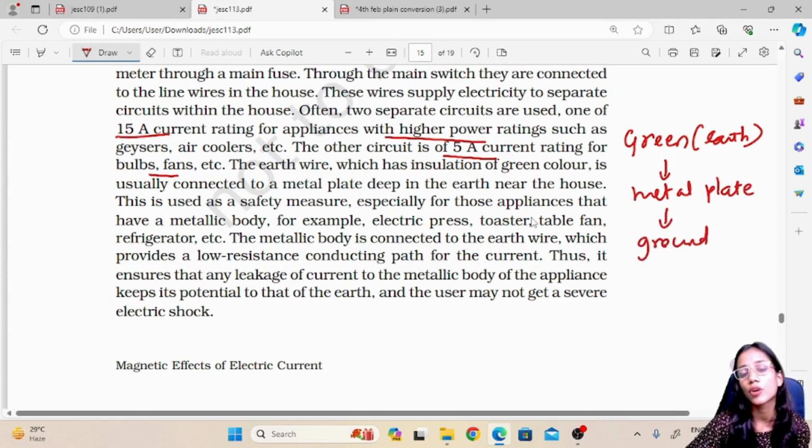Okay, this protects our appliances from accidental leakage. If there is any leakage of the current, the leakage directly goes to the earth. It provides a low resistance path for the current.